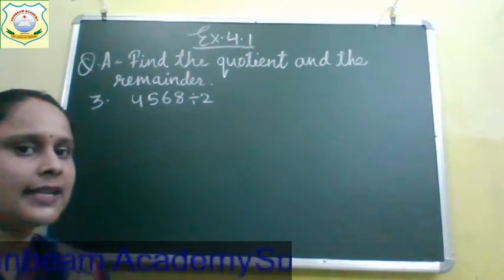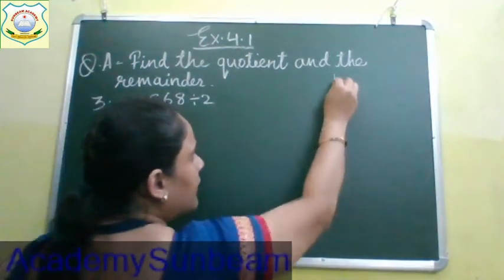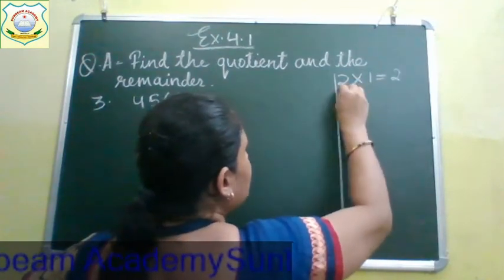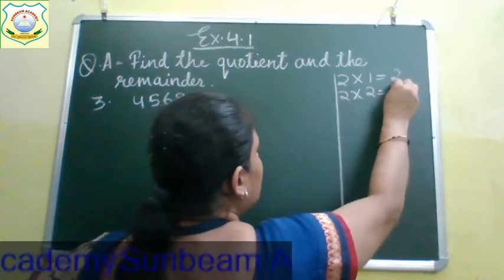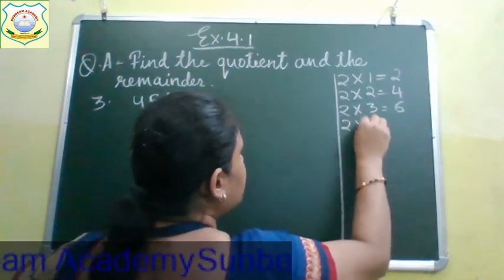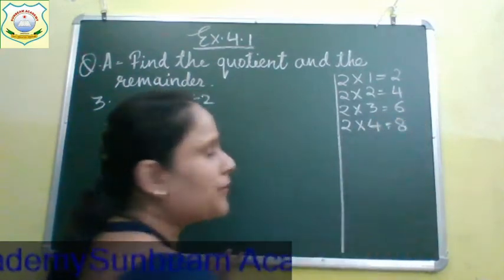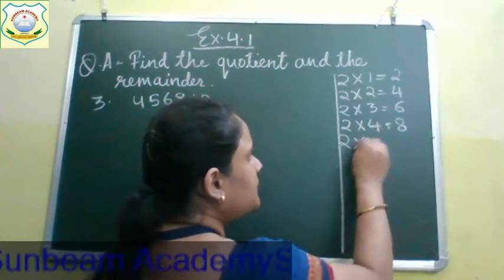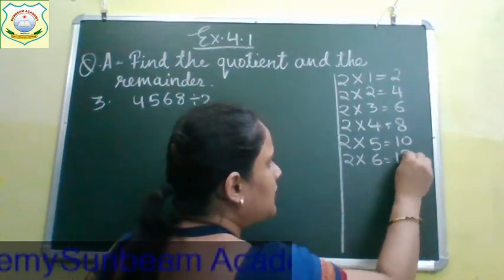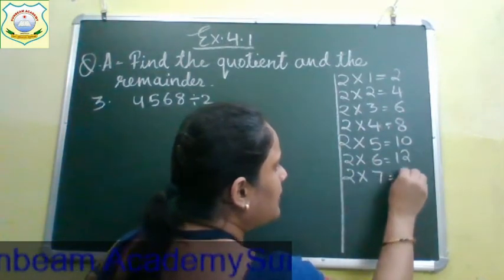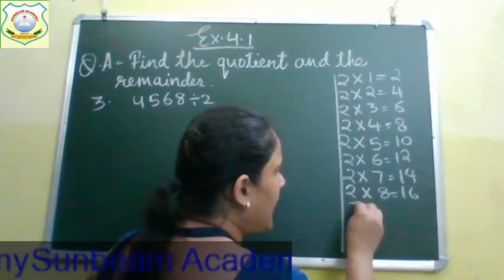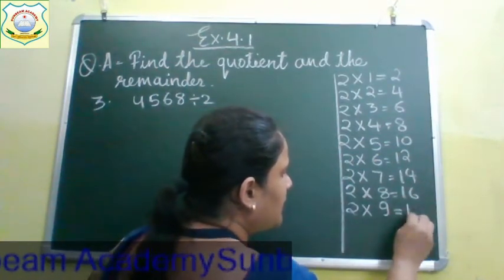So children, now let's divide. Before dividing, we will write the table of 2. Say the table of 2. 2 ones are 2. 2 twos are 4. 2 threes are 6. 2 fours are 8. 2 fives are 10. 2 sixes are 12. 2 sevens are 14. 2 eights are 16. 2 nines are 18. 2 tens are 20.